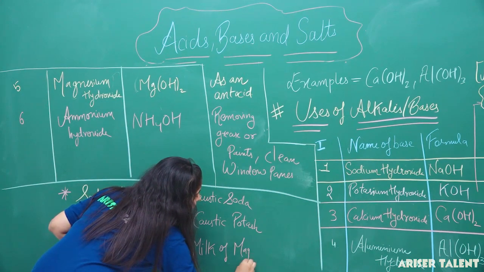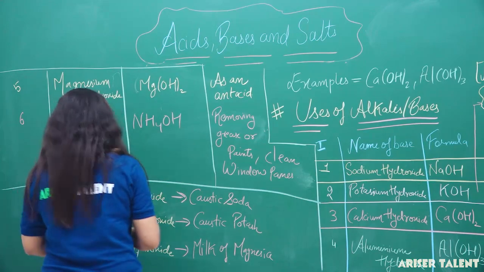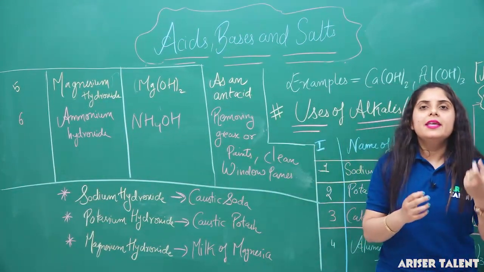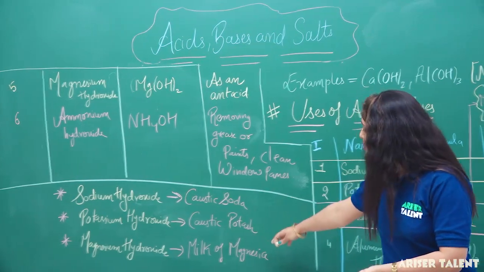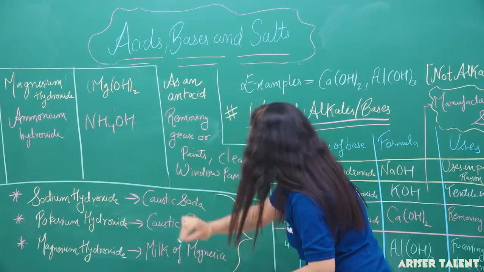So these are the commercial names of these three compounds. In a 1 mark question, this question is very important: what is the name of magnesium hydroxide? Magnesium hydroxide is known as milk of magnesia. These are the commercial names of all these three compounds.